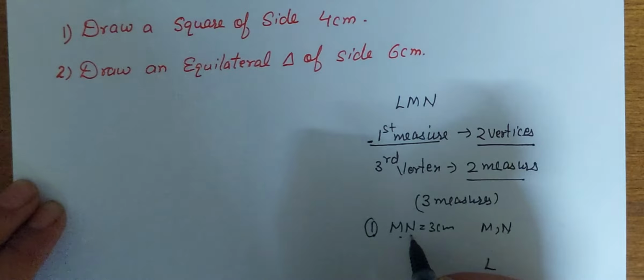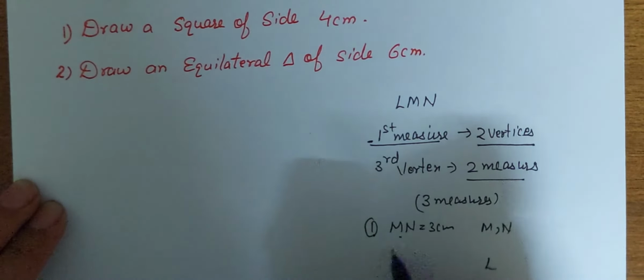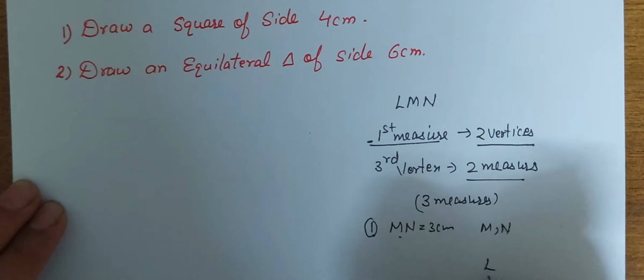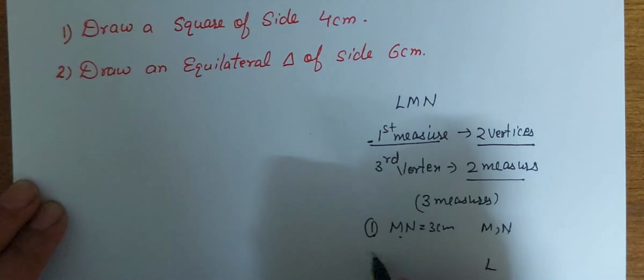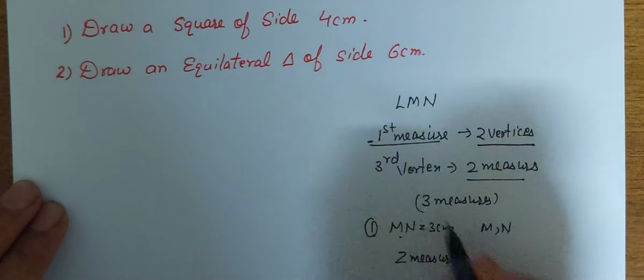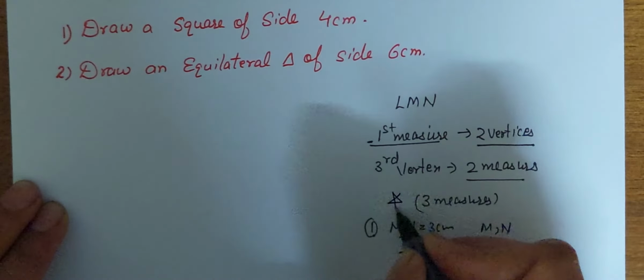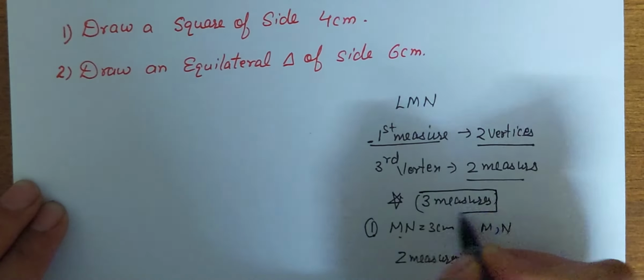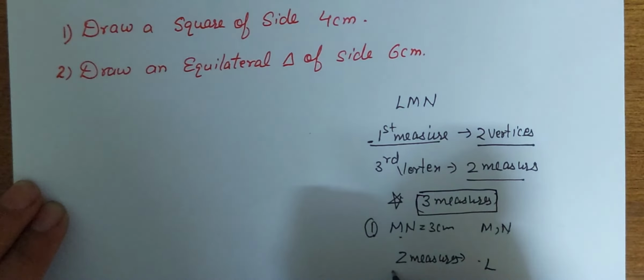We cannot simply say L is 3 centimeter from N, because there are many points which are 3 centimeter from N. Those measures can be angle, can be side. So please make a note, we need 3 measures to construct a triangle.